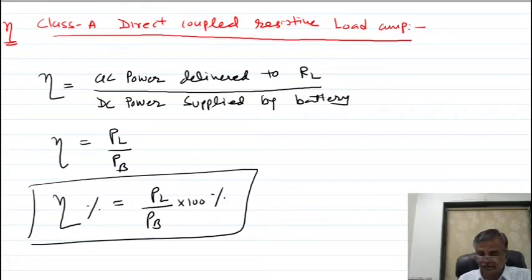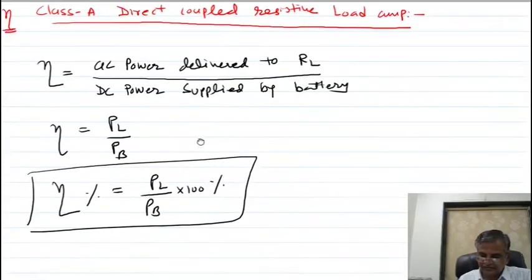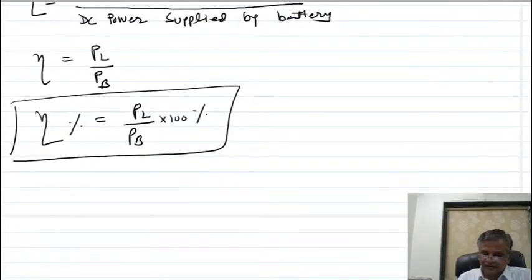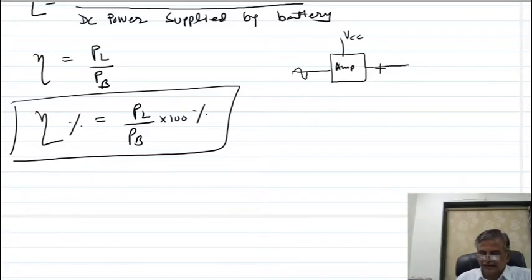If you want to get some more detail, I'll tell you like this. Suppose my amplifier, this is my amplifier. Here I am supplying VCC. This is my input signal. Now I am getting my large output signal.